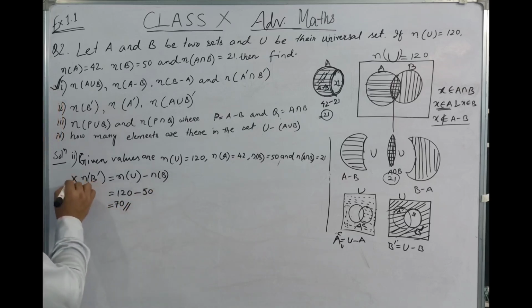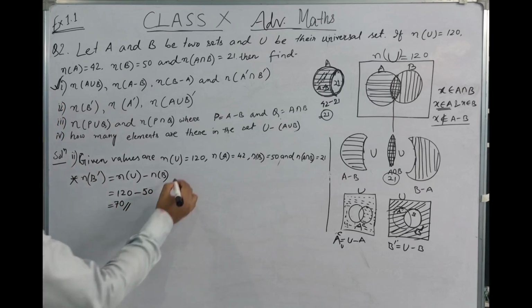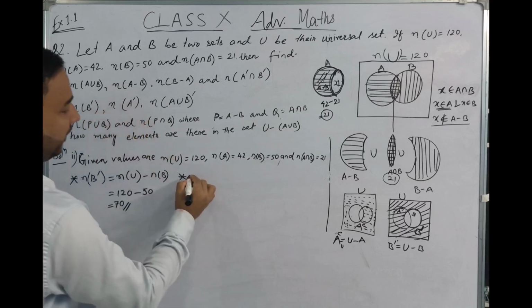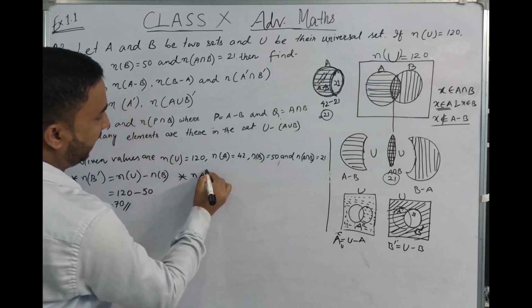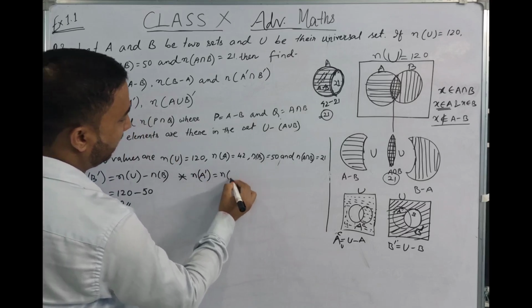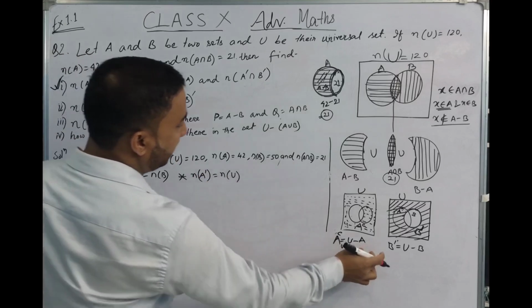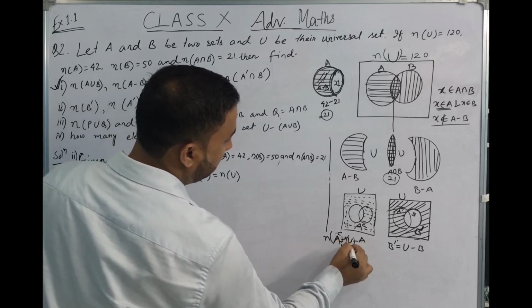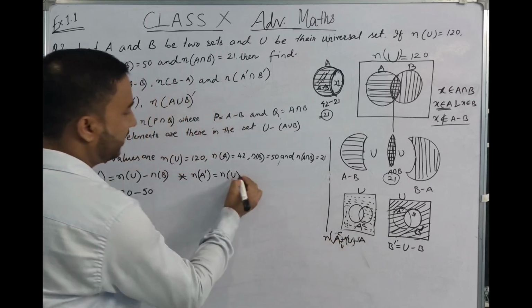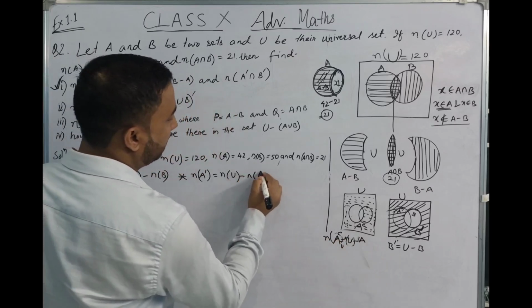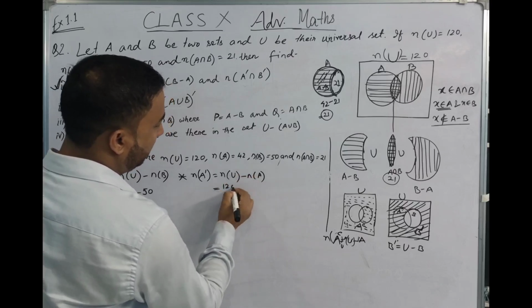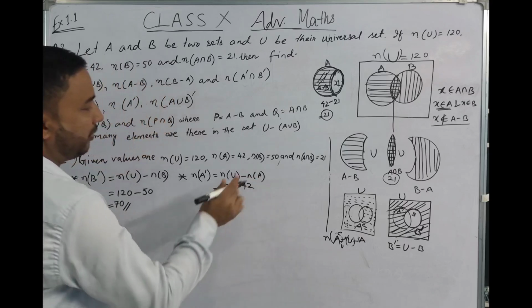This is one part of question number 2. Then the second part: number of A complement will be equal to number of U minus number of A. So you just put n here and you will get the value. 120 minus 42, number of A is 42.